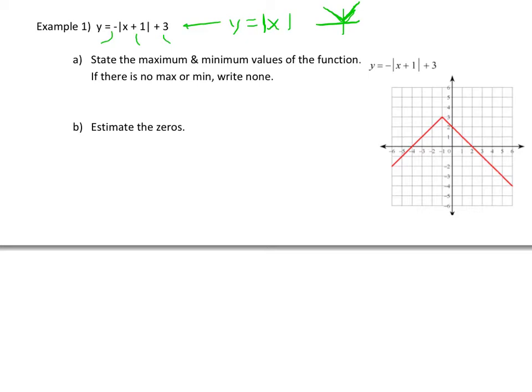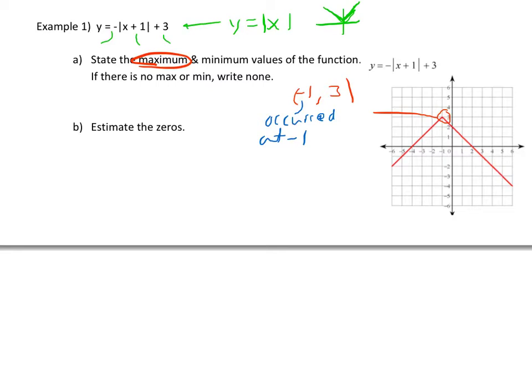If we start with the maximum, we're going to definitely look at this point right here. Now this point is a coordinate, and it is the coordinate -1, 3. It's important to understand what this means. It means that the maximum occurred at -1.